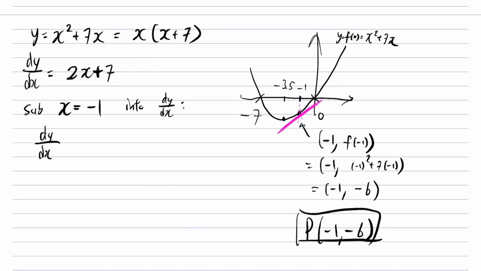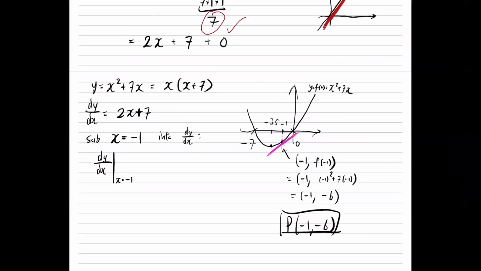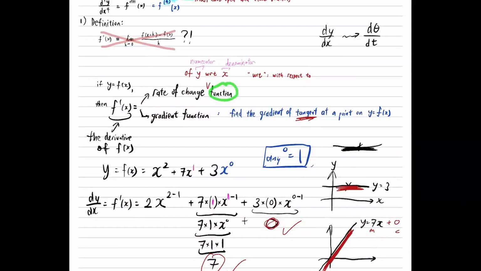Here's the funny notation again. More notation, I'm sorry, you have to learn. Draw a vertical line down like this, then right at the bottom right corner, x equals negative 1. This tells the whole world that you have upgraded it from a function. Oh yeah, sorry, I forgot to mention. Why did I mention rate of change function and gradient function?